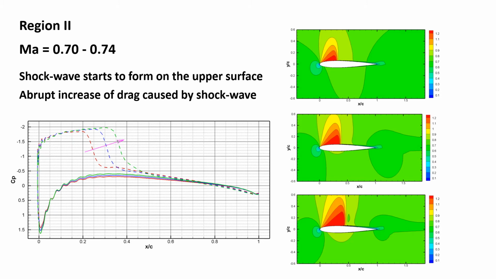That explains why we get larger CL, or the CL increases in this region too. Okay. So you can see examining the CP distribution is very important, and also the Mach number contour, the actual flow field visualization, helps us to have a clearer understanding of the flow field.